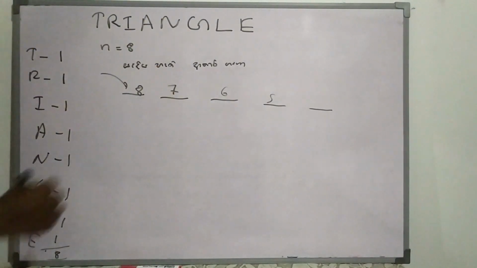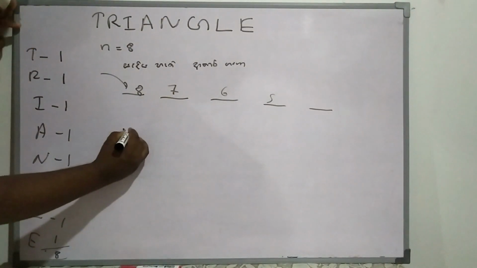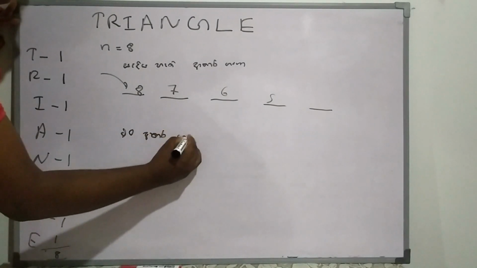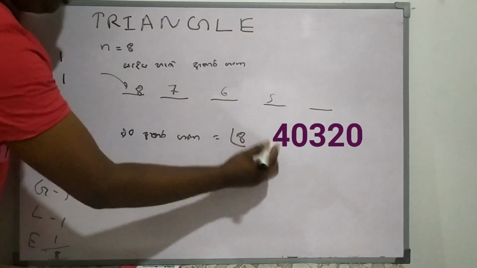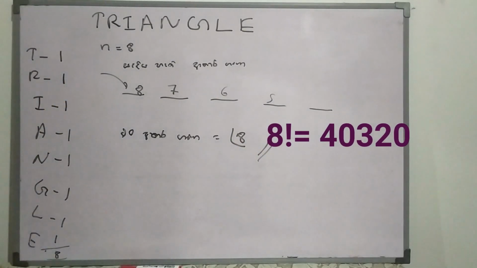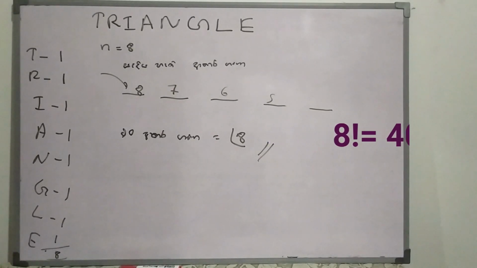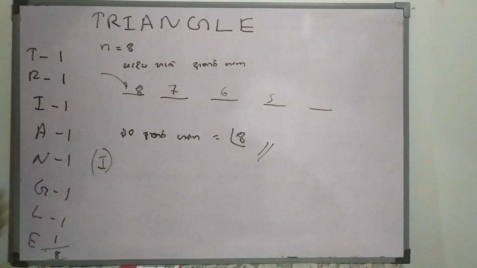Likewise we put the letters one by one, so 8, 7, 6, 5 and so on means it is factorial 8. Factorial 8 means 40,320. This is the answer of the first Roman number. It's simply factorial 8.